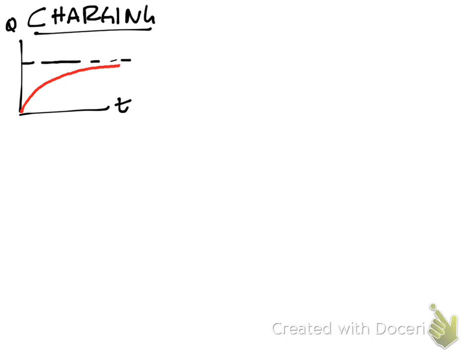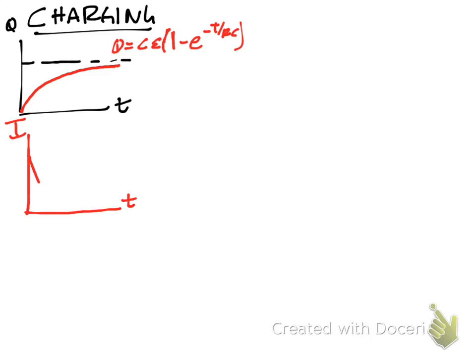We're approaching that final value of Q, and that's what Q equals CE times (1 minus e to the negative t over RC) graph looks like. And then for current as a function of time, it's going to die. And that's what I equals I0 times e to the negative t over RC graph looks like.